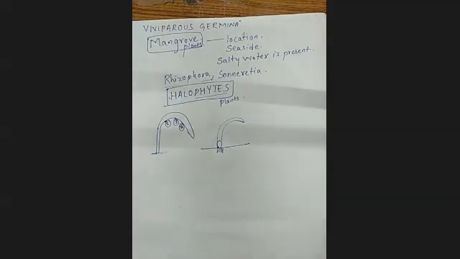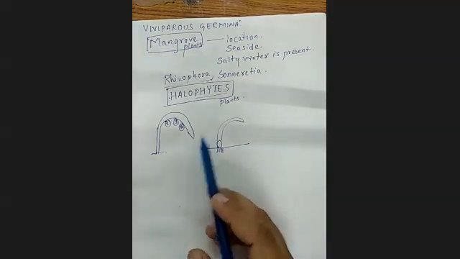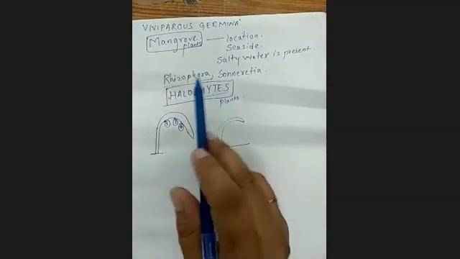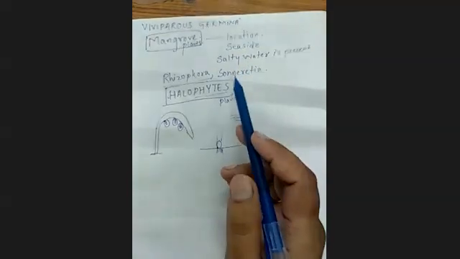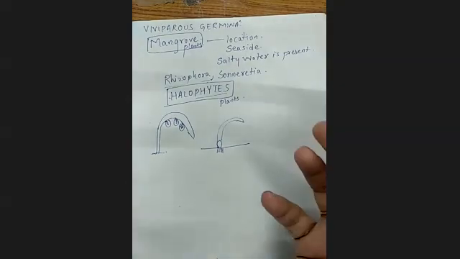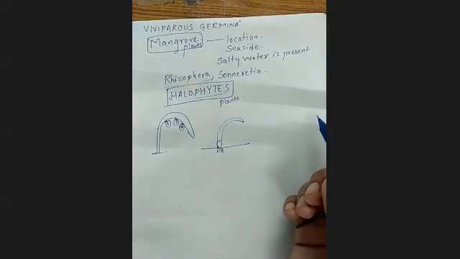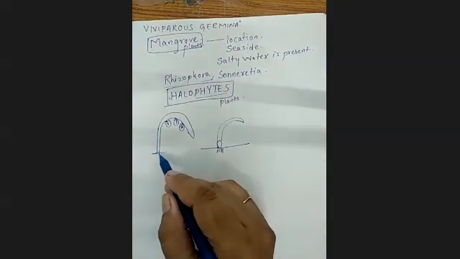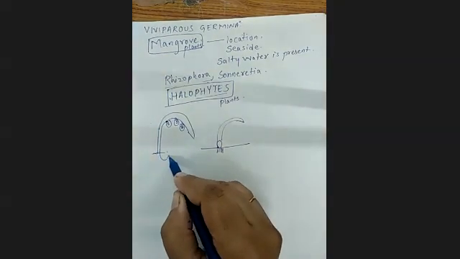Yes, miss. Okay, so this is how viviparous germination occurs. And let me tell you one more important thing about these halophytes. Wherever these plants are present and the water is too salty, if it is a seaside, it is very muddy and slippery, not dry, with a lot of water. Then these plants will develop their roots above the ground.